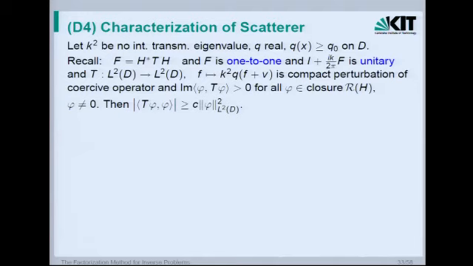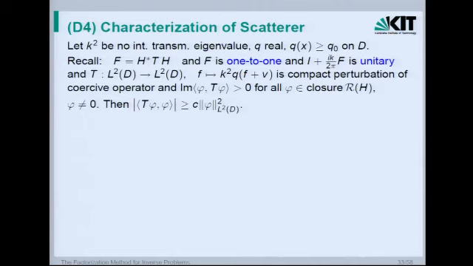Again, we have to assume that k square is not a transmission eigenvalue, because then F is 1 to 1, and that is unitary. We have this operator T here given in this form. Is not so important at the moment. And what we can show is that it's a compact perturbation of a coercive operator.